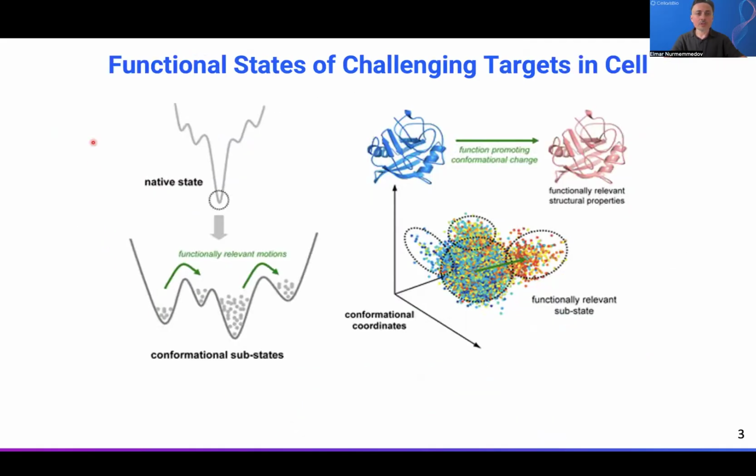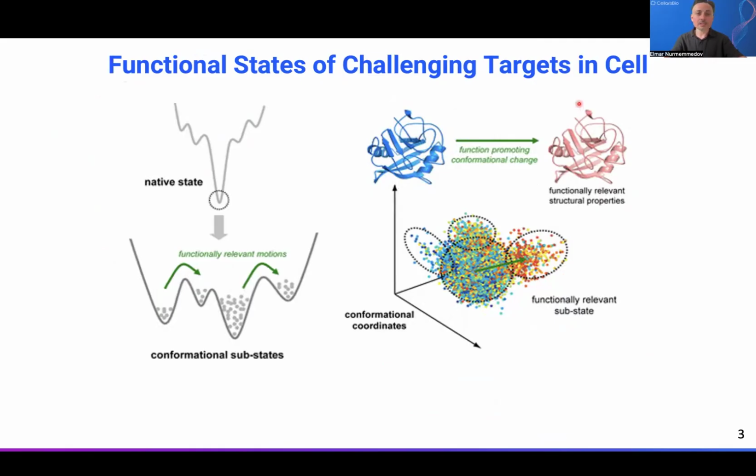Now, it's also important to acknowledge that challenging drug targets exist in the cell under various structural and functional states. These structural states can be high energy or low energy substates, but we know that the function of these targets can dictate and promote various conformational variants.